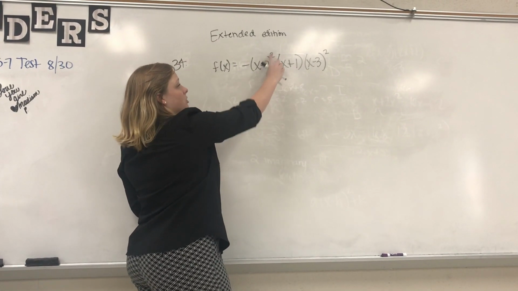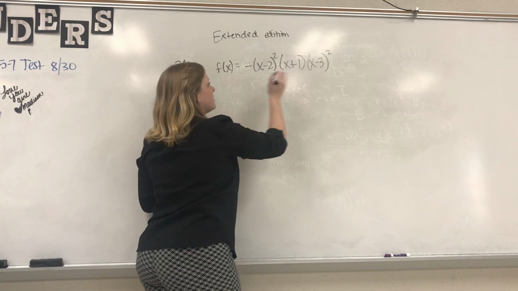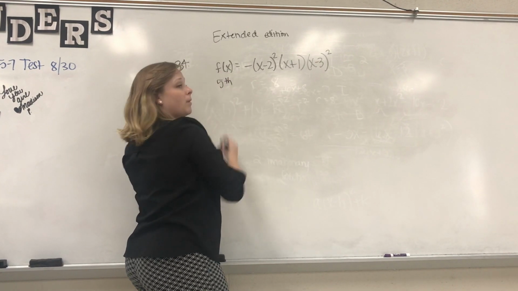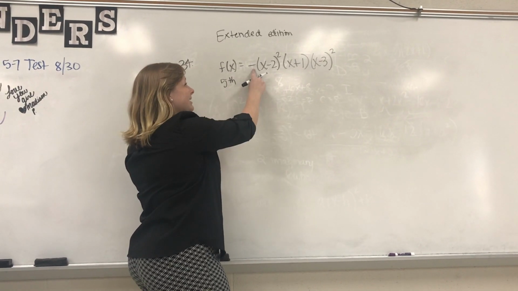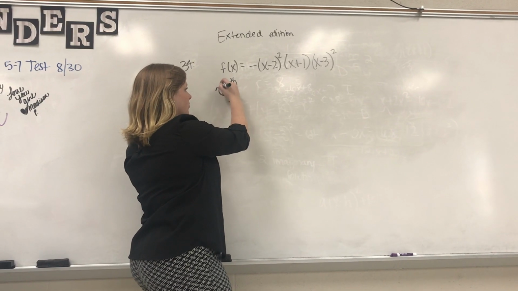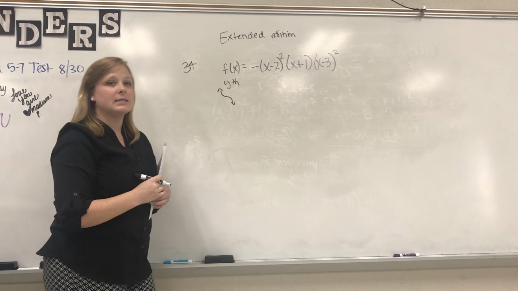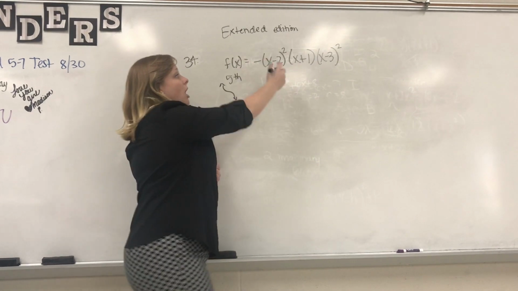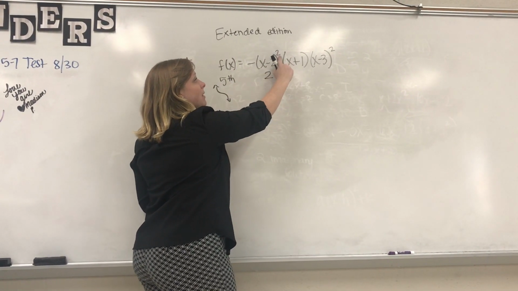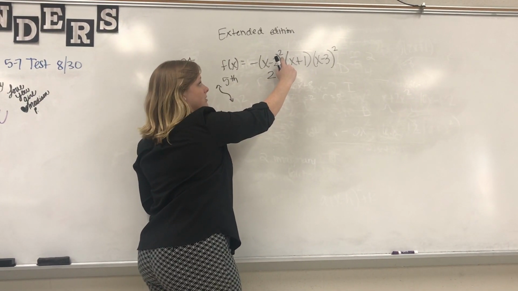So this is an x squared, and then 3, and then 2 more. This is going to be a 5th degree polynomial. It's negative, which means it's going to have this overall shape. It's going to start up and end down. It's going to cross at 2, and it's going to have a bounce right there. That causes a bounce.